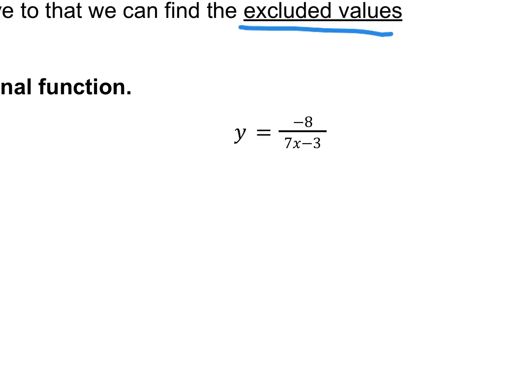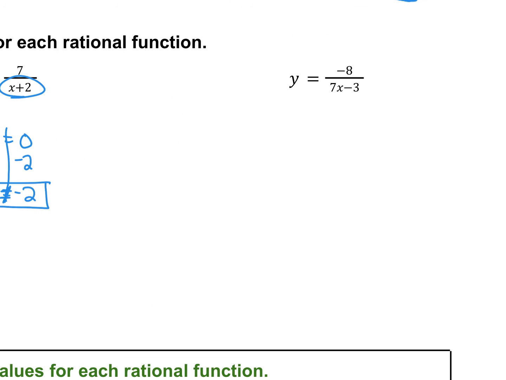Okay, let's try one more. Your denominator, 7x minus 3. 7x minus 3 equals 0. Let's solve. Now remember, we're working our way up on our PEMDAS scale. So first we need to get rid of this 3, so I'm going to add 3 over.